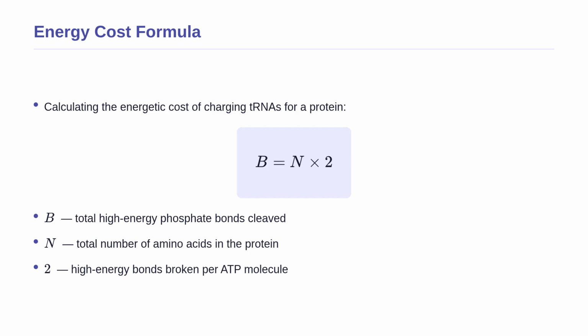The variable N represents the total number of amino acids that need to be charged onto tRNAs to build a specific protein. The number 2 represents the two high-energy phosphate bonds that are broken when one single ATP molecule is reduced to AMP. If the length of the protein increases, the energy cost increases proportionally.